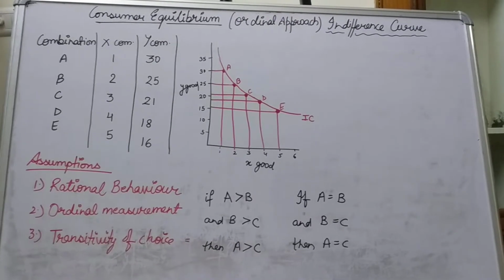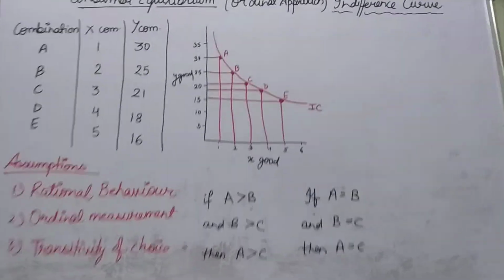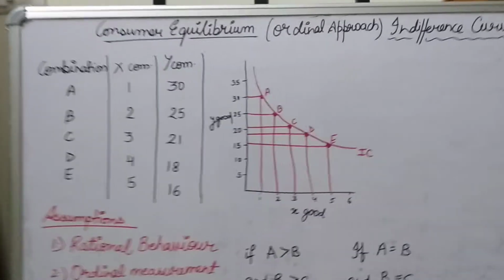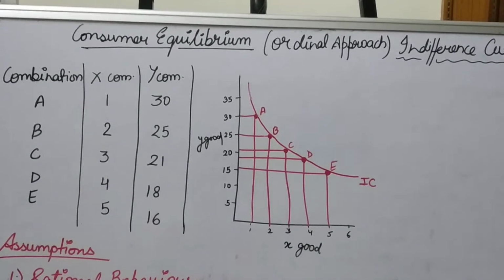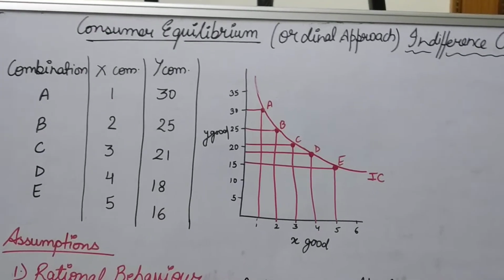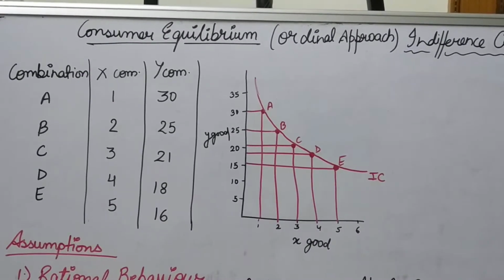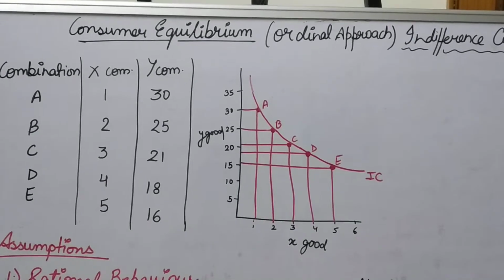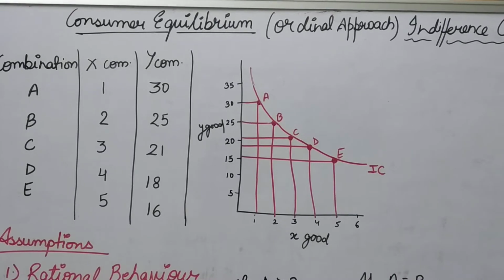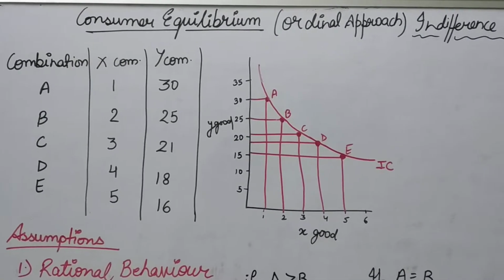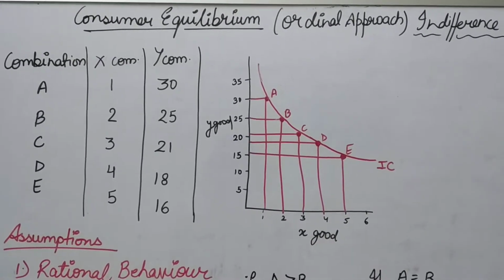First of all, understand what the indifference curve is. Here I have mentioned one schedule and one diagram, but before that please understand the exact point where the consumer will be in equilibrium. The consumer will be in equilibrium where he attains the maximum satisfaction with his limited income.